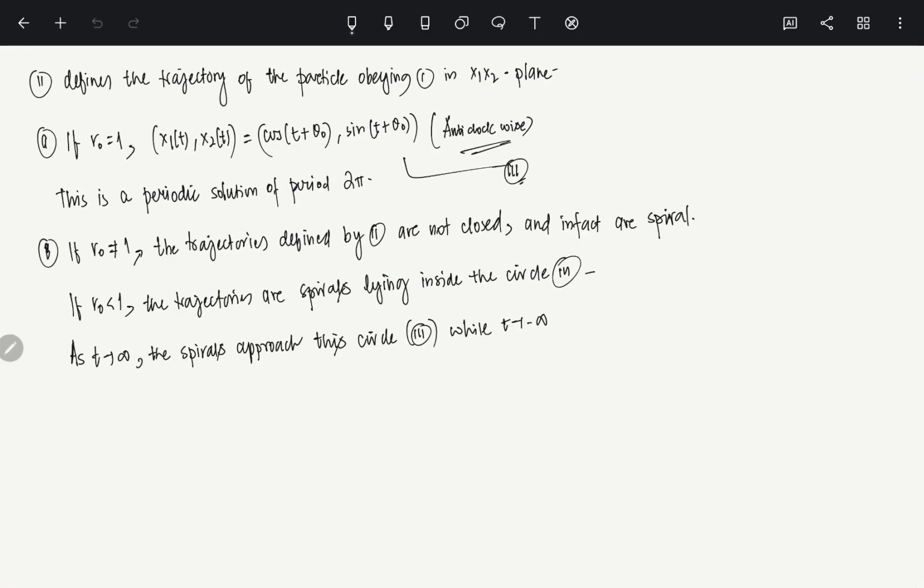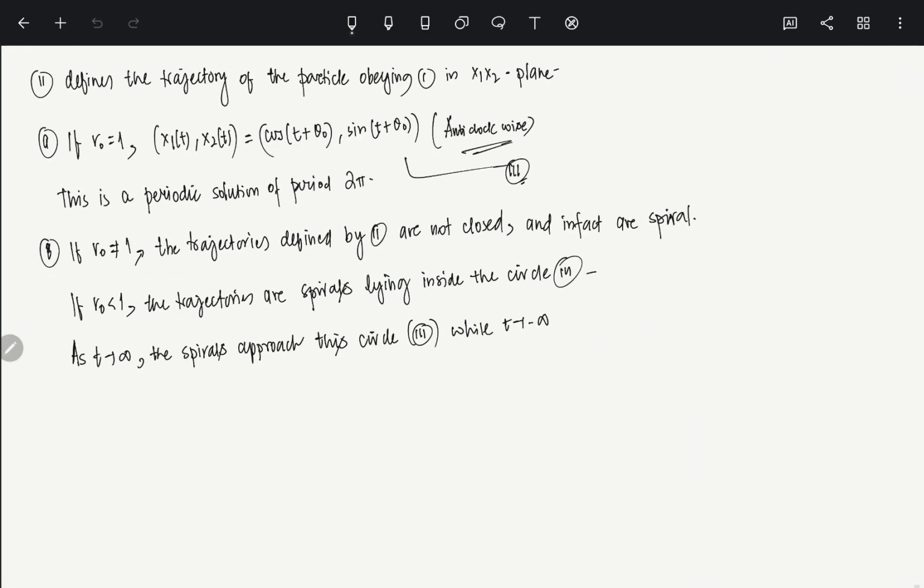So as t tends to infinity, they approach the only critical point, 0 0 of 1.